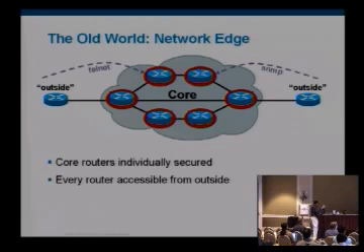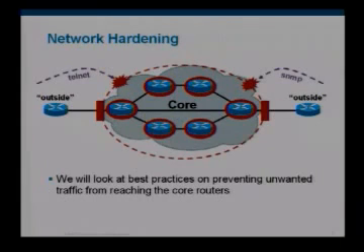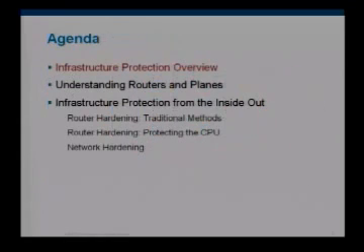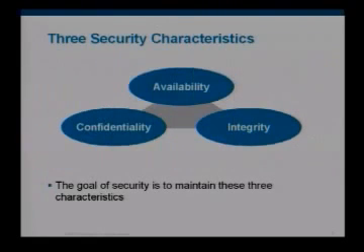But today, the architecture is such that you create a ring outside the core, and you protect the whole core as one piece, in addition to the individual router security. We are not saying you eliminate what you were doing in the past, but in addition to that, you have to put up a boundary around your network, and we will look at the best practices for how we can achieve that.